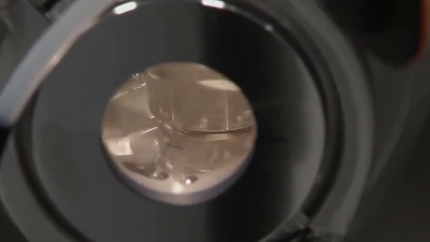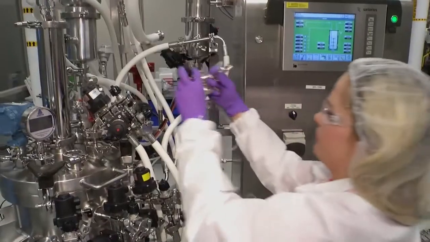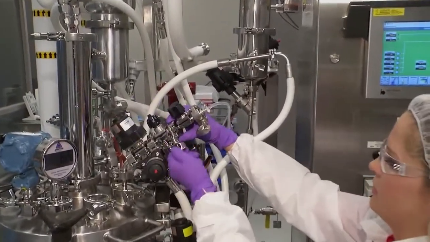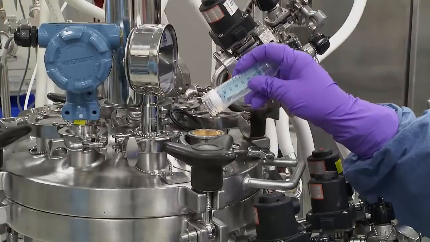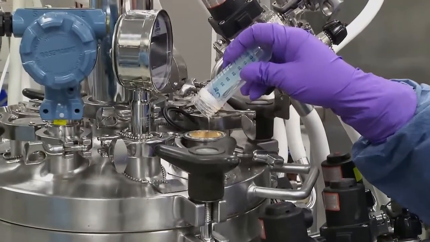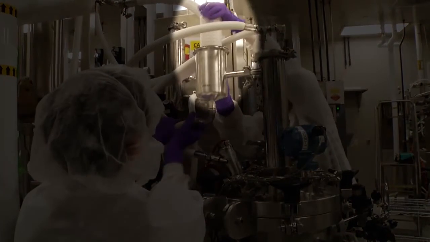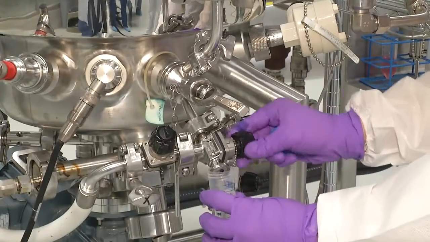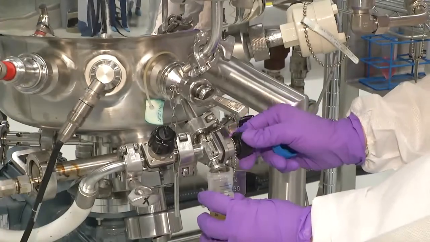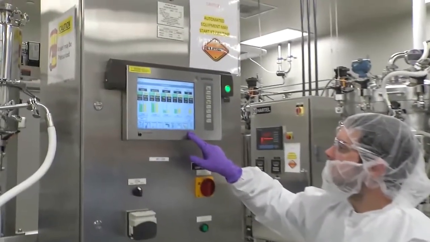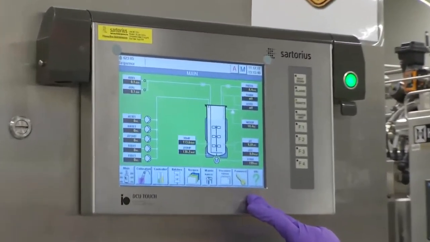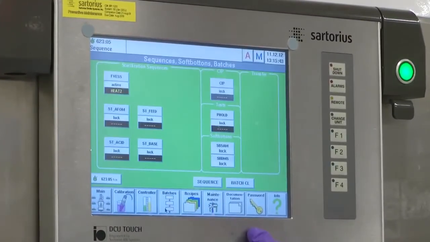The reactor also has an agitator, dedicated ports for adding seed stock and media ingredients, separate ports for acid and base supplement, air filters for supply and exhaust, and valves for drawing samples and for harvesting. Most fermentation and monitoring functions can be managed from the bioreactor's dedicated process controller.